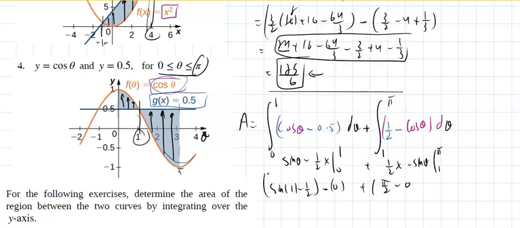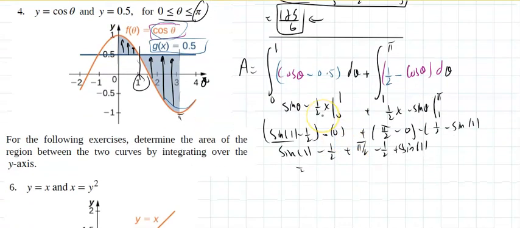Sine of pi is 0 minus 1/2 minus sine of 1. There it is. Sine of 1 minus 1/2 plus pi over 2 minus 1/2 plus sine of 1. And the whole answer turns out to be pi over 2 plus twice the sine of 1 minus 1.